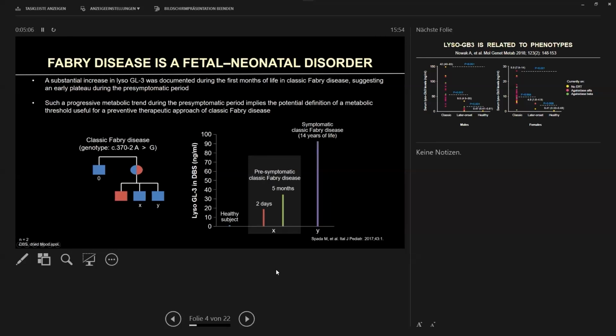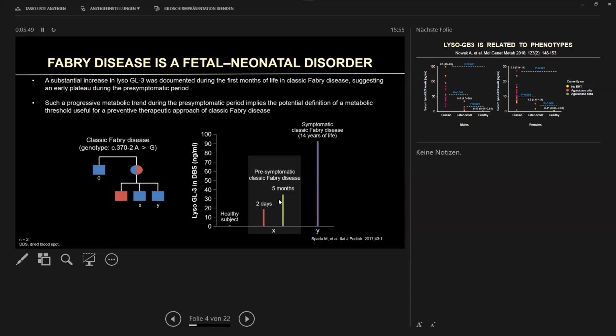So in the youngest brother, we have 2 measurements, one at 2 days, so you can say in newborn, and then later on 5 months. And these values of Lyso-GB3 are compared to the value of the older brother, who of course also has the same mutation. And what we can see is that the Lyso-GB3 level, which is shown on the y-axis, is already increased over the healthy control at day 2.